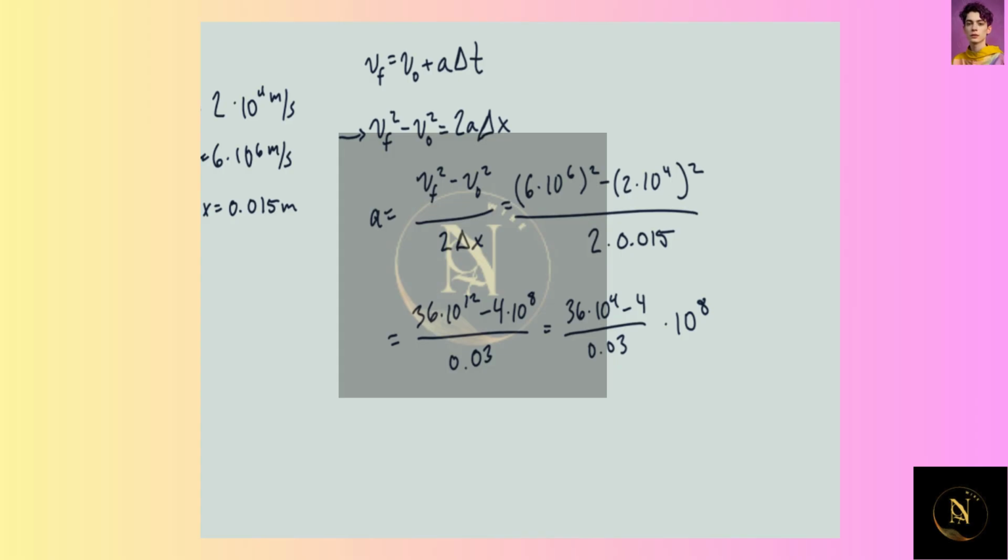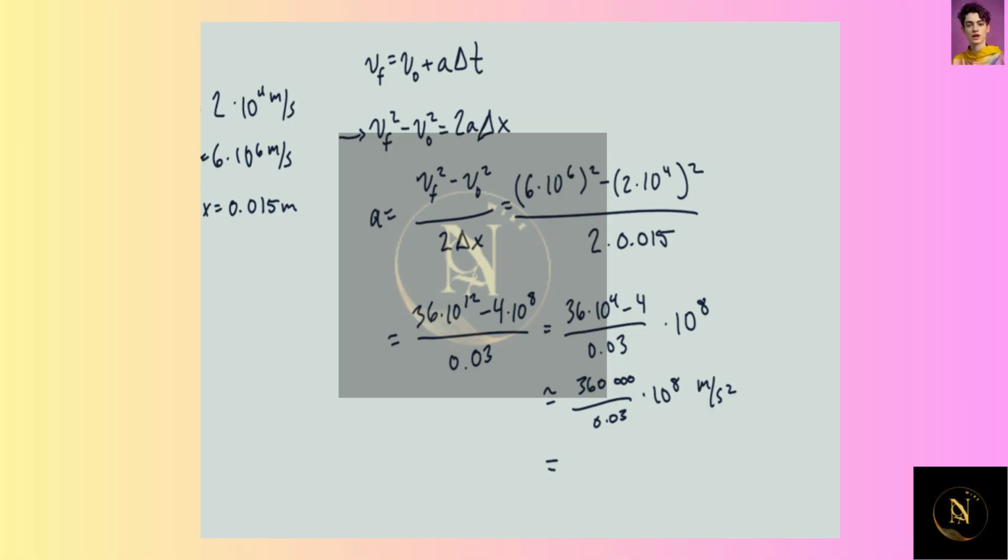So I'll just approximate this as 360,000 divided by 0.03 times 10 to the 8 still. Those units would, of course, be in meters per second squared, given that we were using meters per second and meters. If we take 360,000 divided by 0.03, we'll get a value of 12 million.